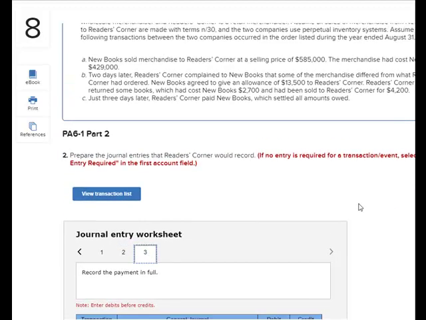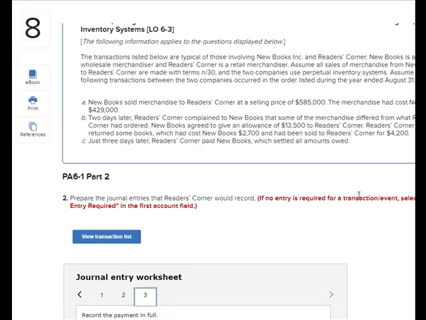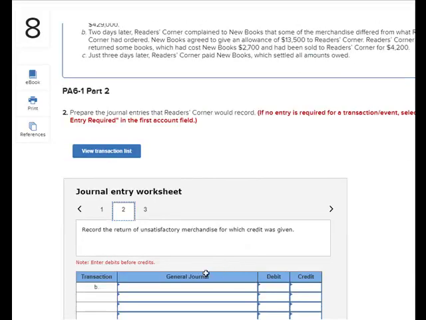And then finally in journal entry 3, we're going to pay off that accounts payable, and we'll have to figure out how much we owe by first taking the cost of the books, so the $585,000 with my numbers, that's how much we paid for the books originally, minus the amount of the credit back here.